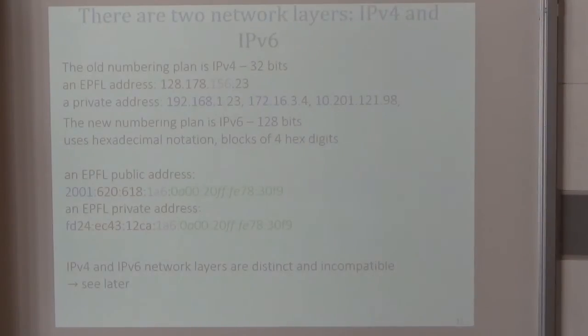Same for routers. When a router receives a packet, it will know whether it's an IPv4 or an IPv6 packet. We will see how it knows which type it is. And based on that, it will analyze the address and perhaps do things a bit differently. We will abundantly discuss the implications of that.